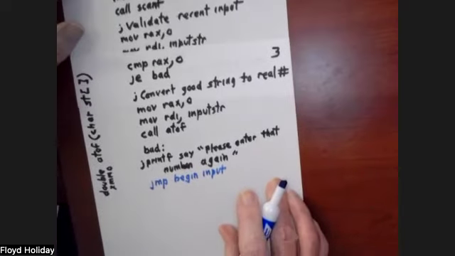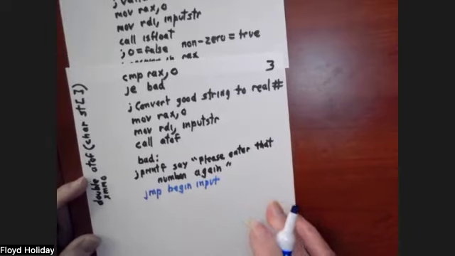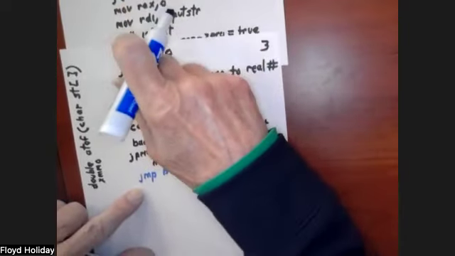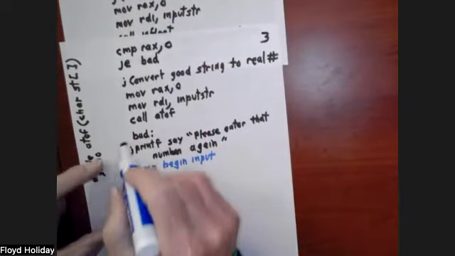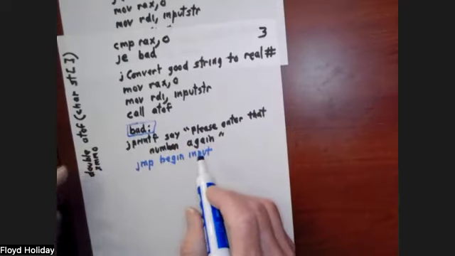I want to make sure it's logically correct, and then we can try work on making it look pretty. So if it discovers a bad one by is float, it takes us to bad, right there. The instructions are try it again.